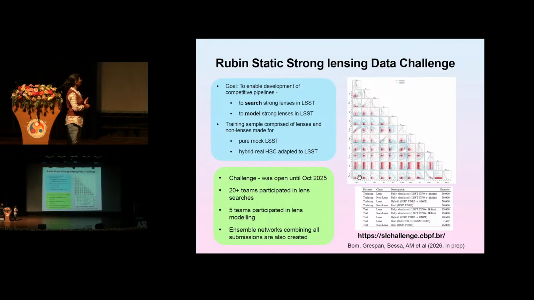So in total, we have more than 20 teams who have participated in the lens searching part of this challenge, and then there are 5 teams who have participated in the lens modeling part.